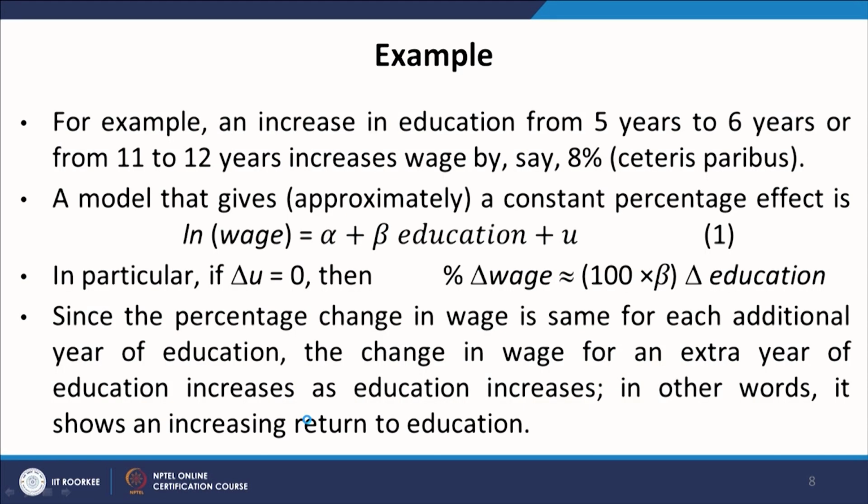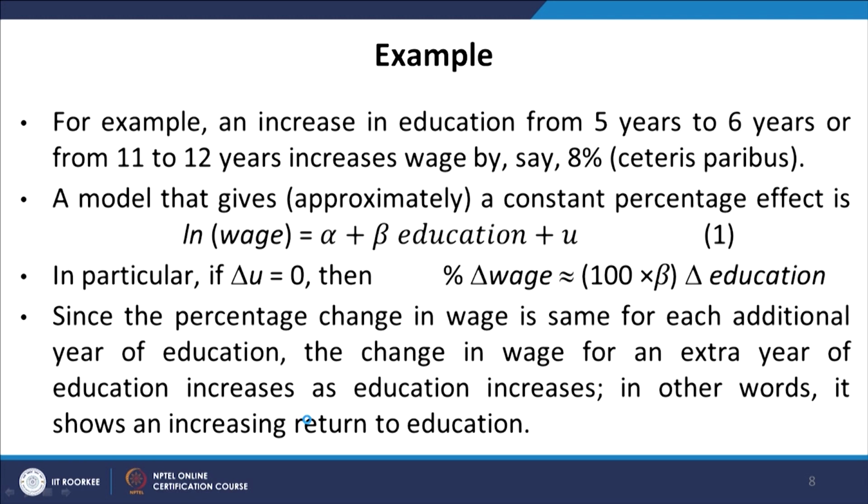Now, we take another example in order to explain the interpretation of beta in the context of non-linearity in the variables. So, for example, an increase in education from 5 years to 6 years, or from 11 to 12 years, increases wage by say 8%, ceteris paribus, which implies that other things held constant, with an increase in education by 1 year, wages increase by 8%. How are we going to write it?